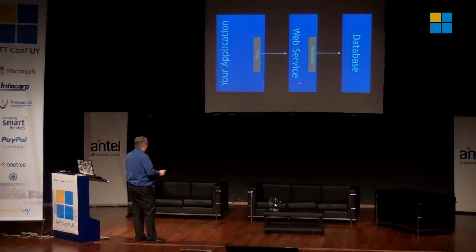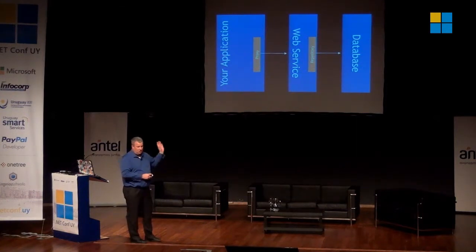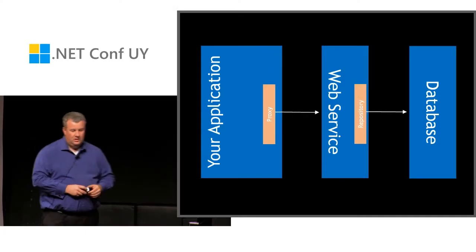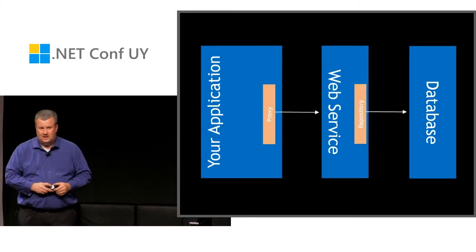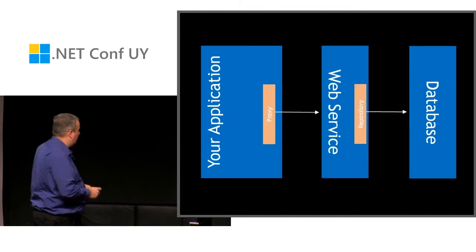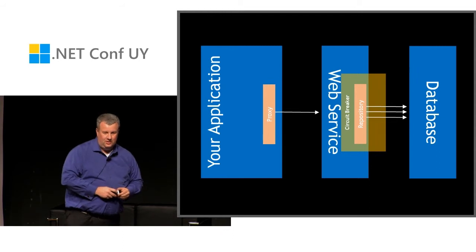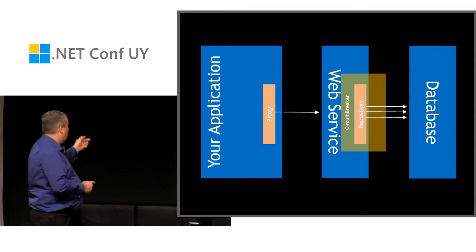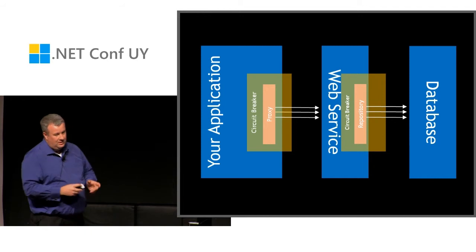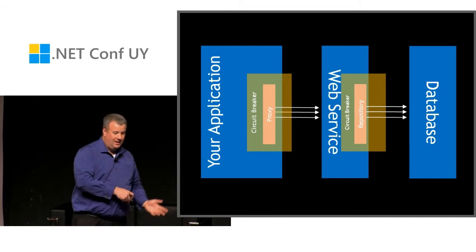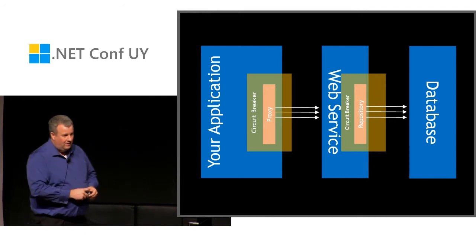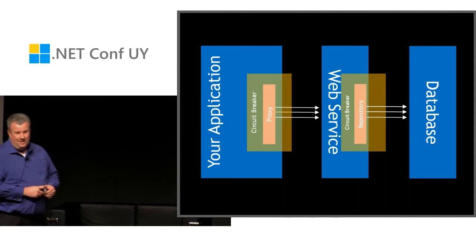As far as this web service is concerned, the database is its external dependency, right? That's what it's calling to. As far as my application is concerned, the web service is its external dependency. So in the web service, we put a circuit breaker around the database calls. In the application, we put a circuit breaker around the web API or web service calls. Did anyone see what's going to happen here that's not good?